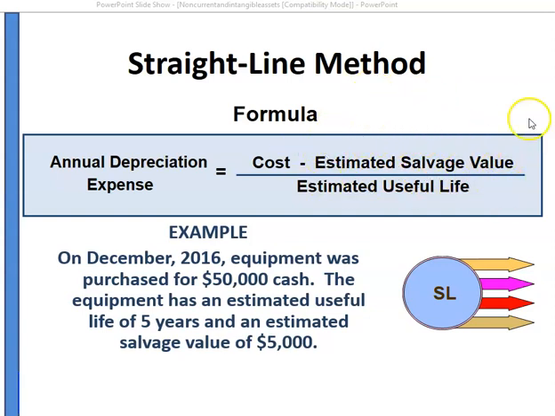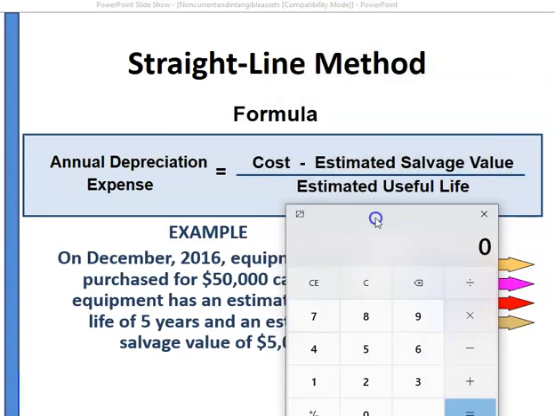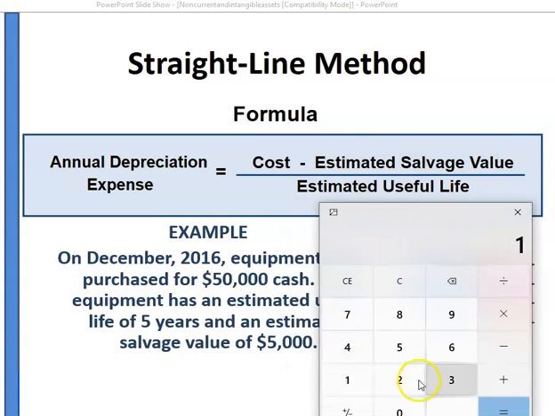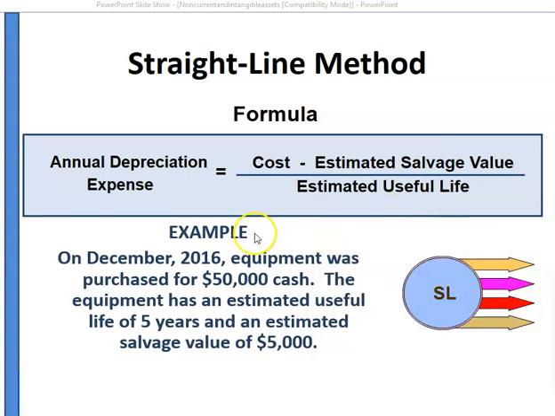So that would give us $130,000 minus $10,000 salvage value equals $120,000 depreciable base. Now let's say that our estimated useful life was 5 years. We would merely divide that by 5, and we would come up with a $24,000 per year depreciation expense.